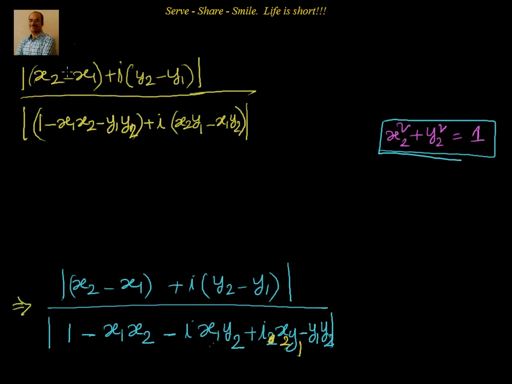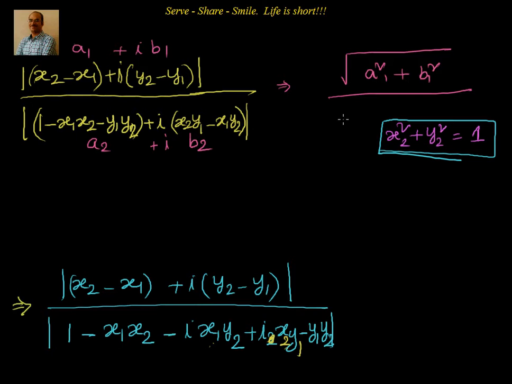Okay, fine. Now this is in the form of a1 plus ib1. Let's write down. This is a1 plus ib1 divided by a2 plus i into b2. What you need is square root of a1 square plus b1 square divided by square root of a2 square plus b2 square.